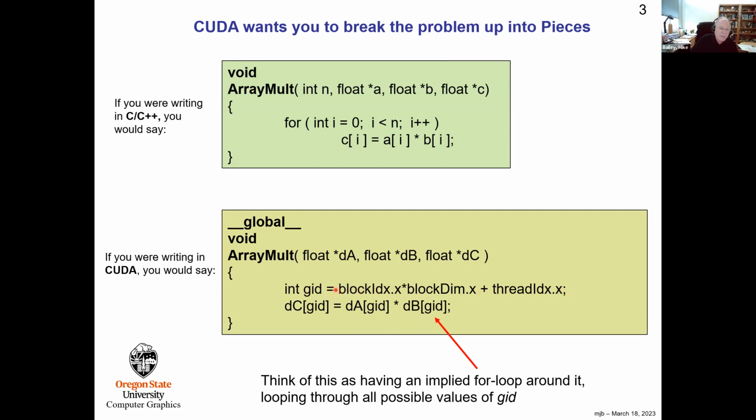But just know that by the time GID gets set, it's a number between 0 and the length of the array minus 1. So let's say that we've got 50,000 elements, the array dimension is 50,000. GID is going to be a number between 0 and 49,999.